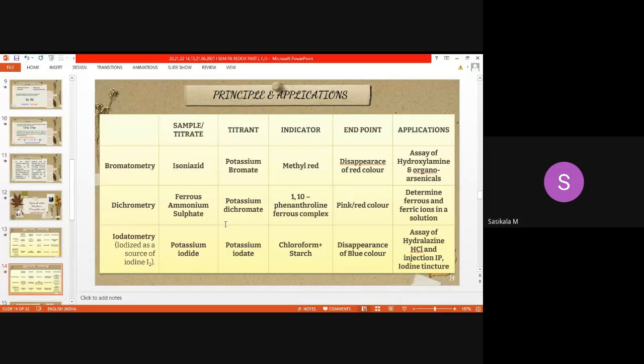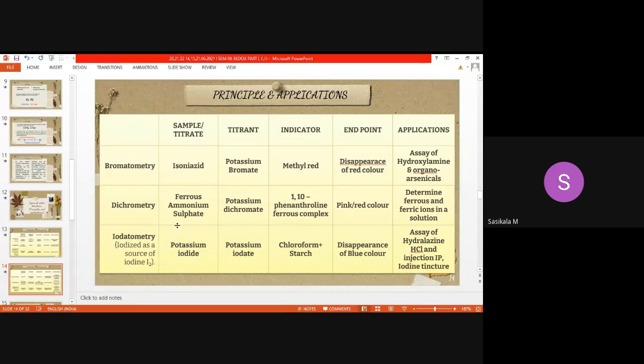Here, potassium dichromate is used as oxidizing agent. Only the titrant is varying compared with cerimetry. And ferroin is the indicator, with pink or red color appearance at the endpoint. Then determination of ferrous and ferric ions in solutions is achieved with dichrometry.